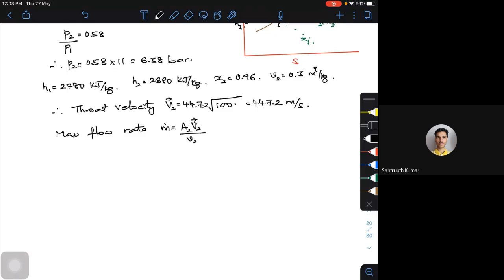This being wet steam, I have to multiply by its corresponding dryness factor, 0.96. So now what I need to get here is A2.